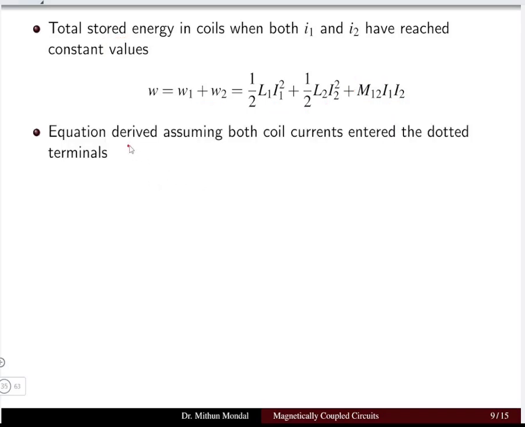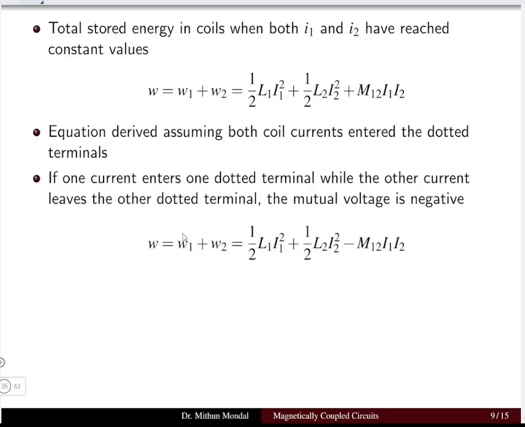Here we derived the equation assuming that both coil currents enter the dotted terminals. We could have derived it in another manner also: if one current is entering the dotted terminal while the other current is leaving the dotted terminal, then the mutual voltage will be negative. So the positive sign here would have become a negative sign when the current is flowing the other way around.